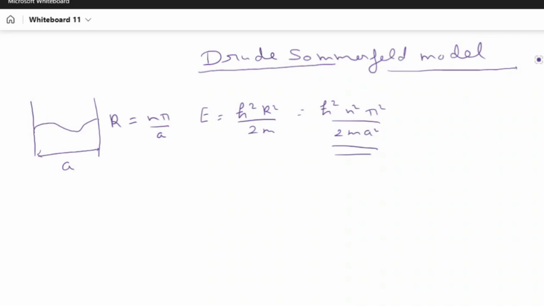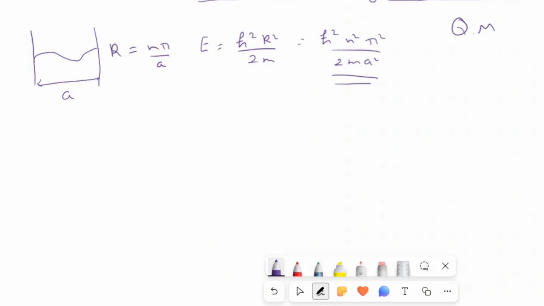Now let's discuss further on this concept in the light of quantum mechanics. For this, we will use the Schrodinger wave equation.